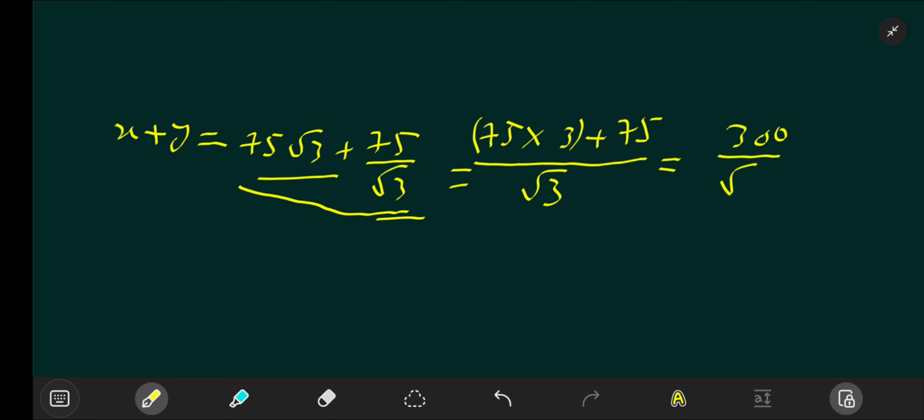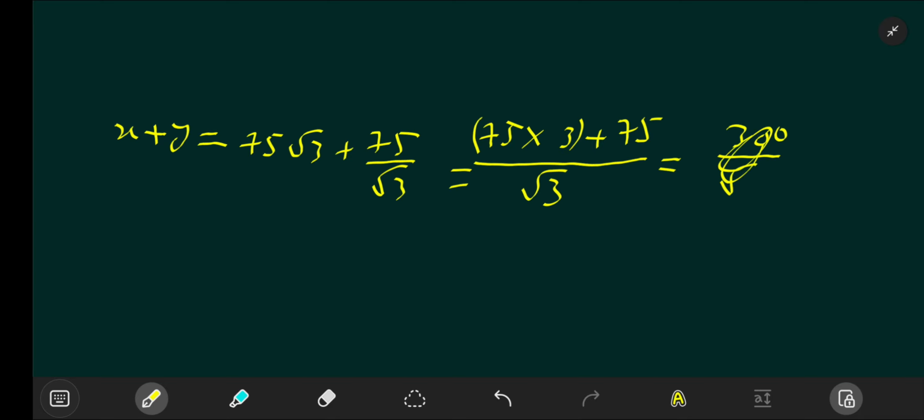This is x, this is y value. Now that is equal to, we have to take LCM. LCM is root 3, and at the bottom of 75 root 3 nothing is there, 1 is there. So we have to multiply with root 3 in the numerator, so that root 3 into root 3 whole square is there.